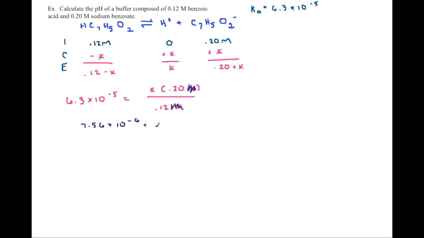I'm going to set that equal to 0.20 times X. Therefore, when I solve for X, I get 3.78 times 10 to the negative fifth molar.